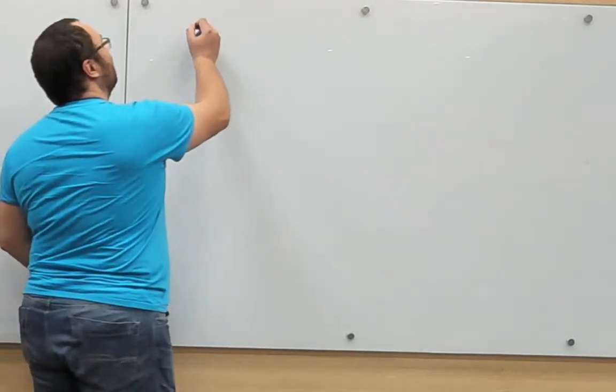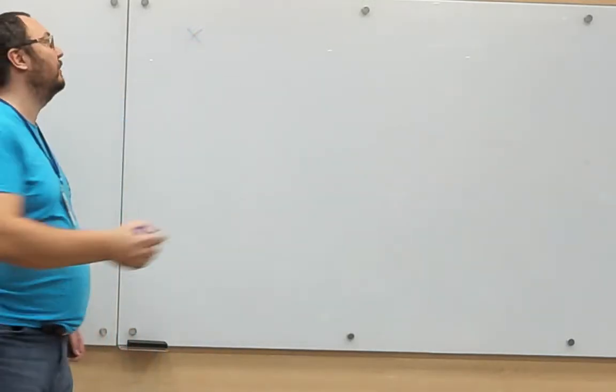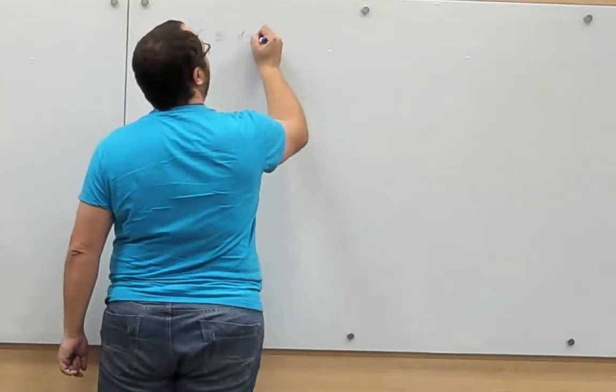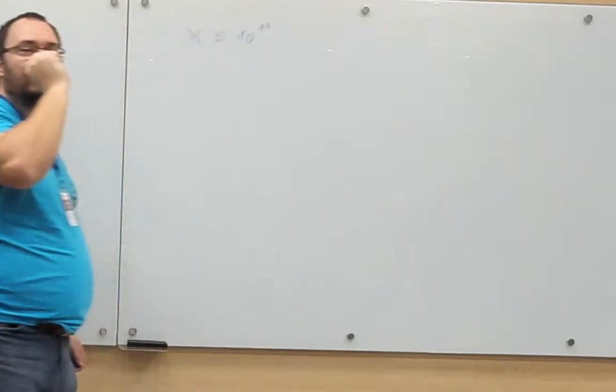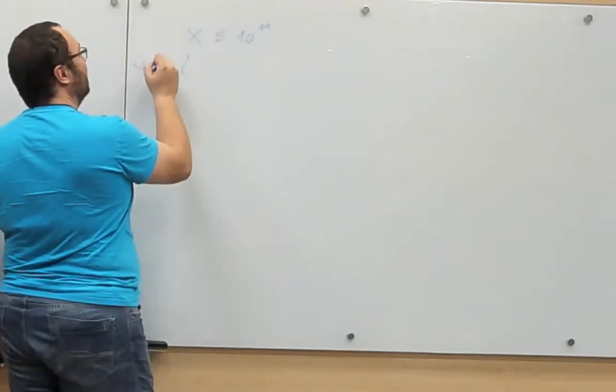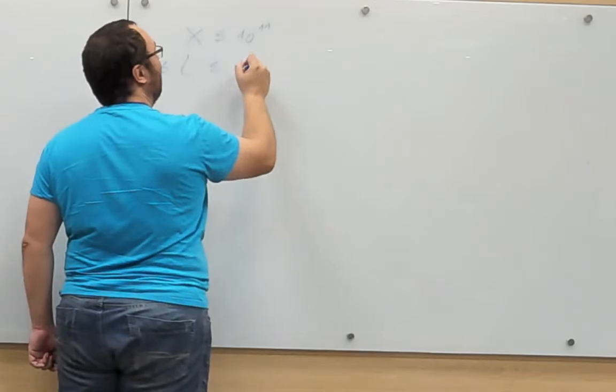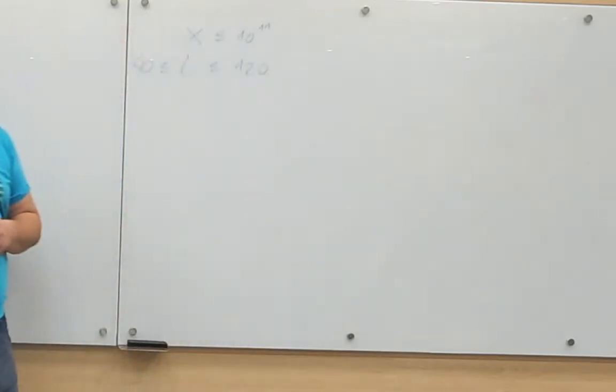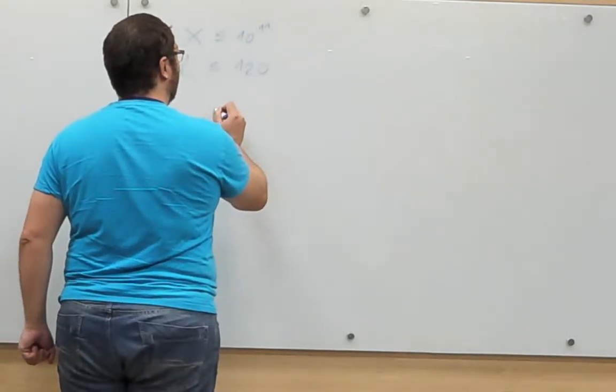You are given a number x, and the number x can be up to, let's say, 10 to the 18. You are given a number L, and the number L can be between, let's say, 40 and 120. And your task is to produce any number with the following properties.